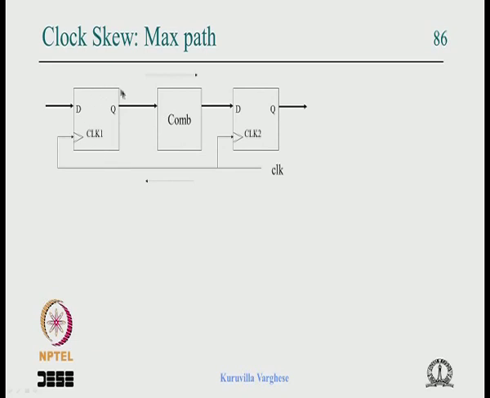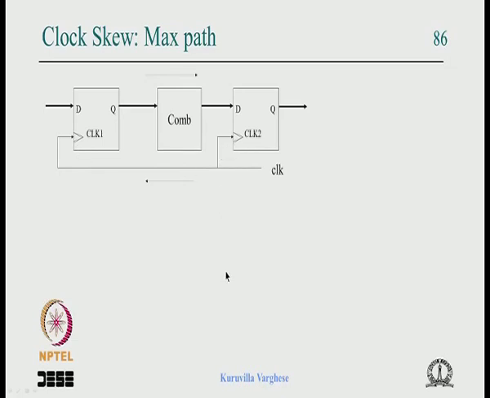This is a case where we have a source register as far as data is concerned, the output of which goes through a combinational circuit and reaches the destination register. The clock of the source is called clock 1, the clock of the destination is called clock 2, and you see that the data is moving this way and the clock is moving in the opposite direction. The fallout is that clock 1 is the delayed version of clock 2.